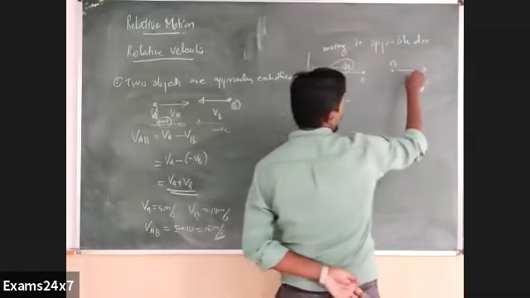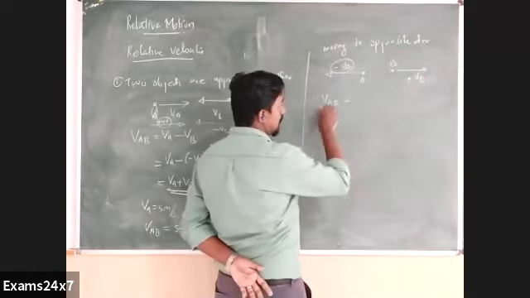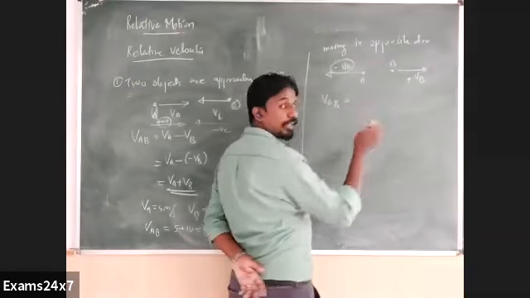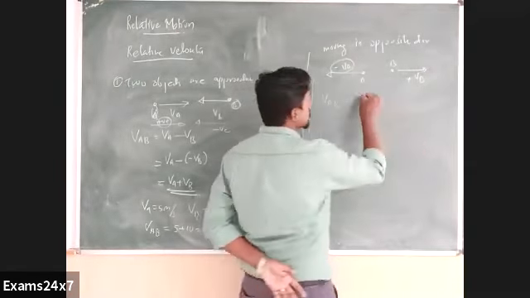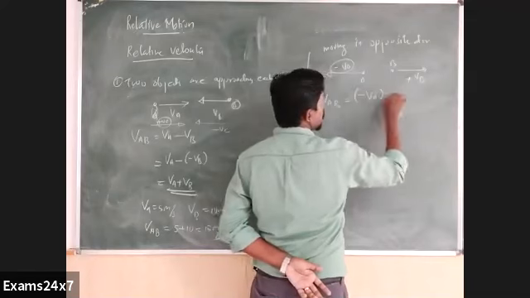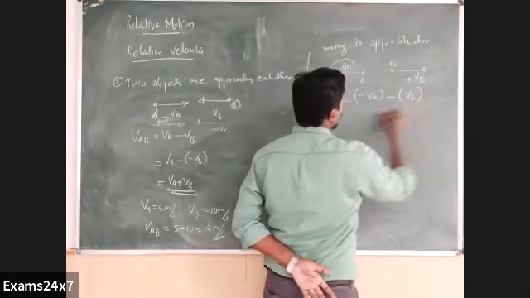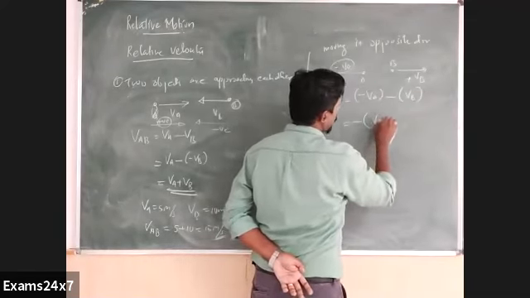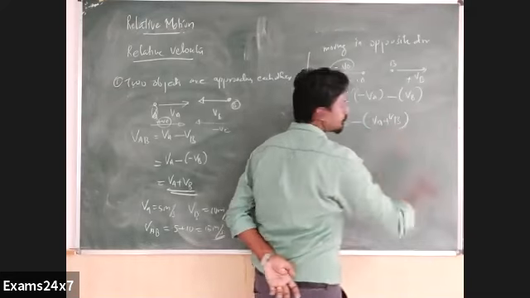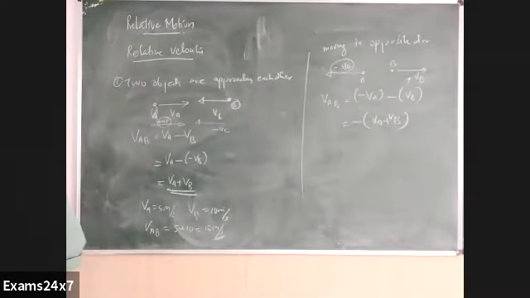Negative. What is the sign of VB? Positive. So VA minus VB is minus VA minus VB, which is minus of VA plus VB. Yes or no? Understood? Yes.